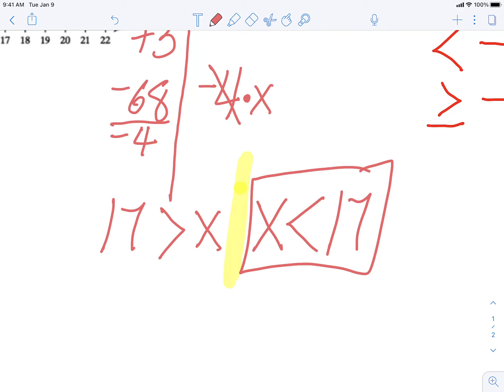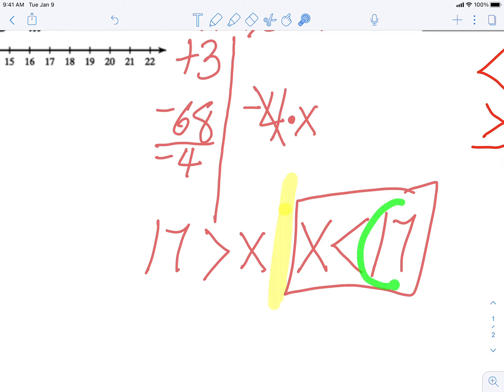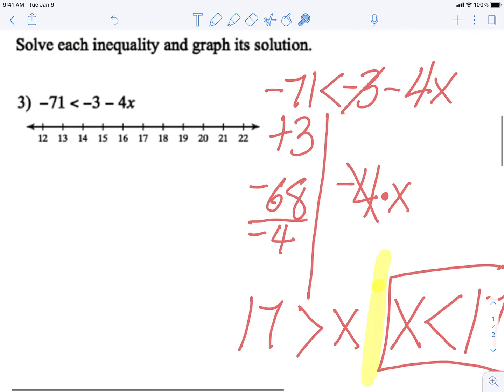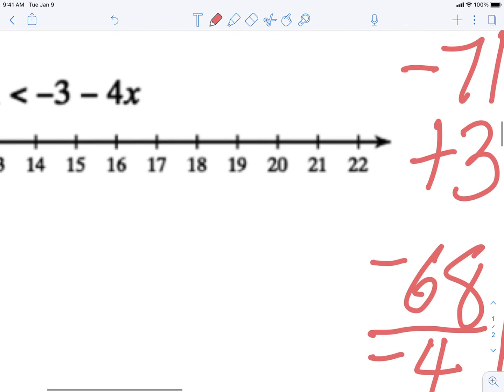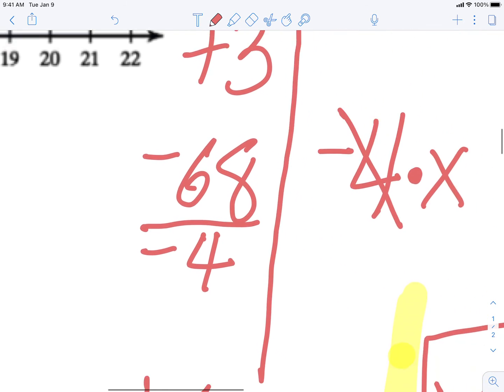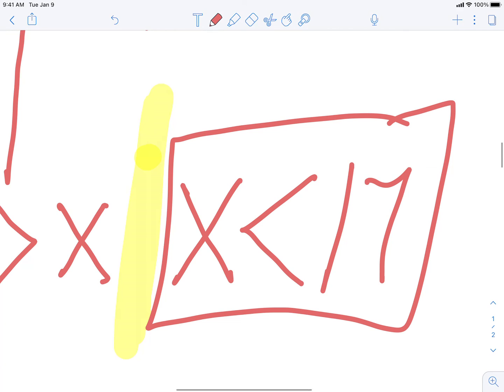Right? So when I graph, I know it's going to be an open circle on +17, because there's no line under the x. So it's going to be an open circle.